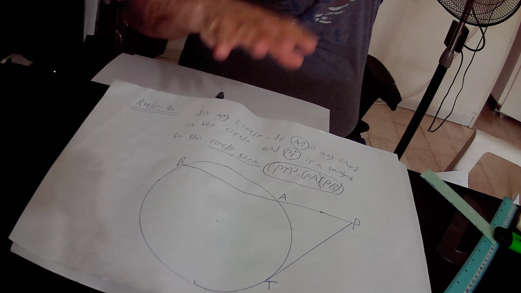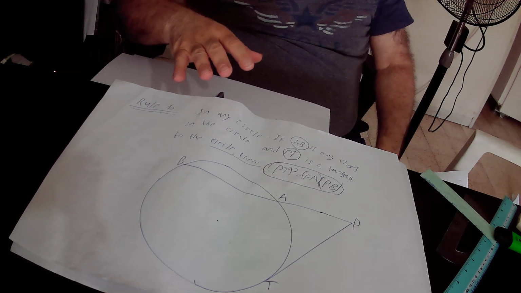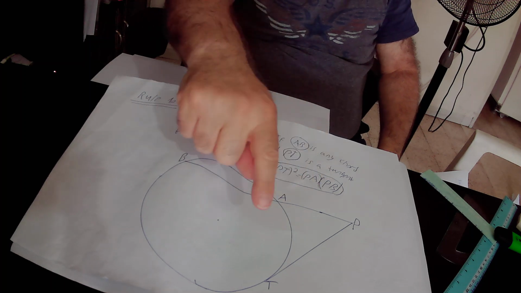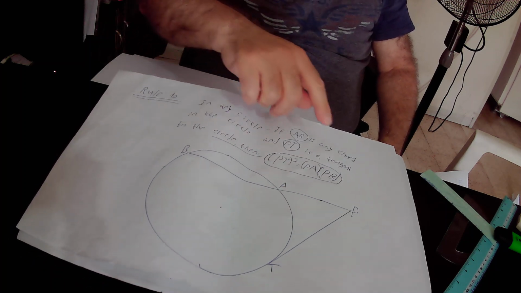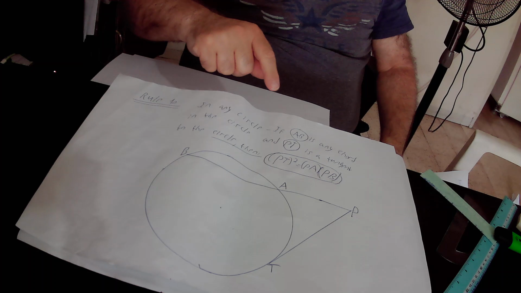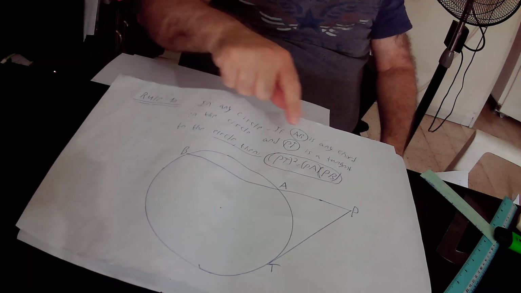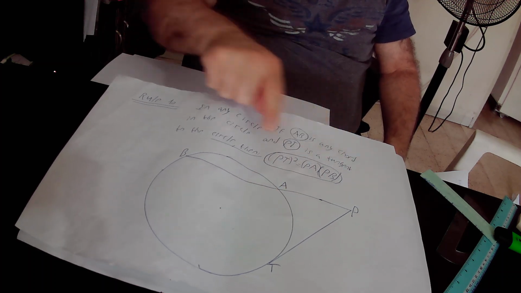So in this drawing, the following equation will be true: PT squared, the square of the tangent PT, equals PA times PB. Again, PT squared equals PA times PB.